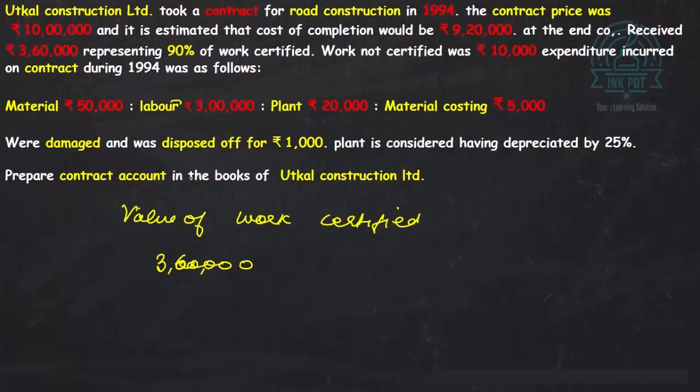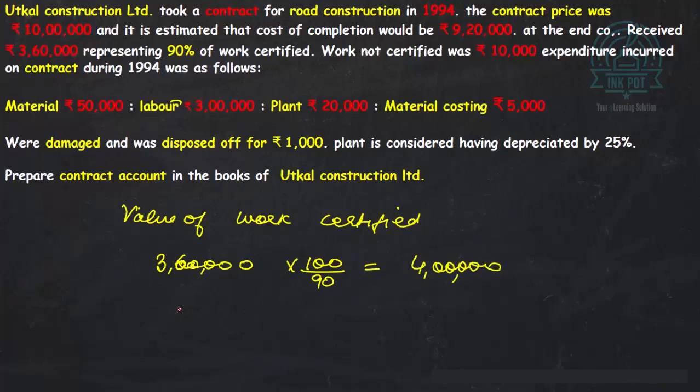So we can calculate the value of work certified as 3,60,000 into 100 divided by 90. This comes out to be 4 lakh. Right? So the value of work certified is 4 lakh.